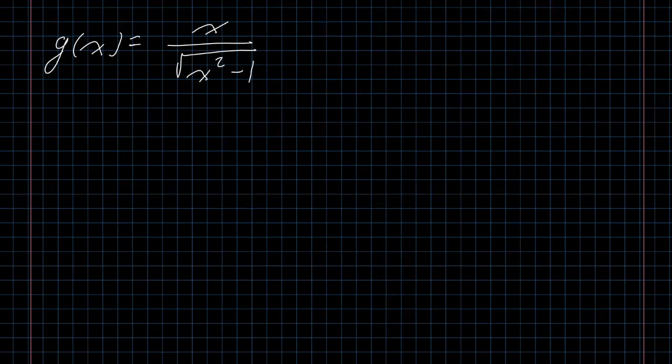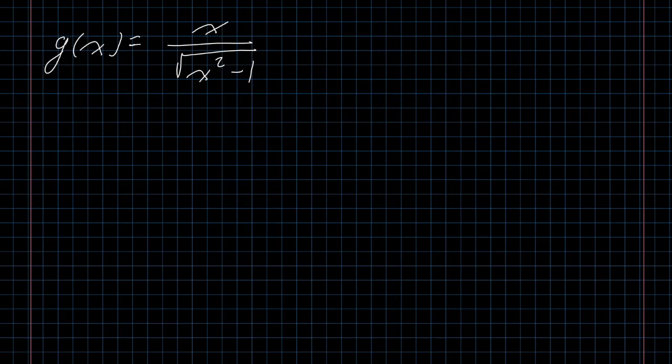The square root of x squared minus 1 is in the denominator, and so whenever that is 0, we're going to have a problem. And it's a square root, so whenever the stuff inside is negative, we're going to have a problem. This is algebra trigonometry level analysis.